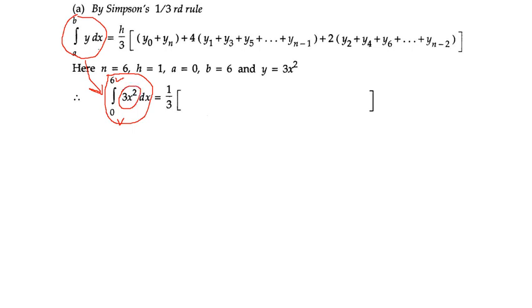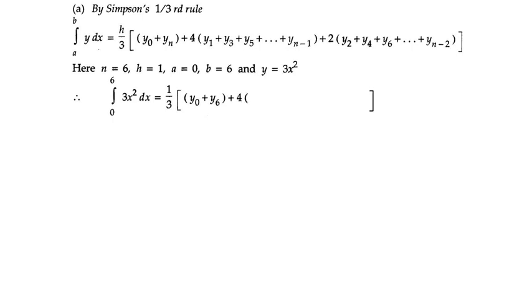Next, we have written 1 in the place of h, because h is 1. Then first value plus last value in the table, y naught plus y6, because y6 is the last value, plus 4 into.